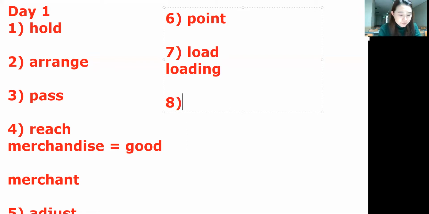Number 8, occupied. When I teach this word, I always show the image of a restroom in a plane because I don't know whether you have noticed, but if you go to a restroom in a plane and lock the door, you would see this, occupied or vacant.